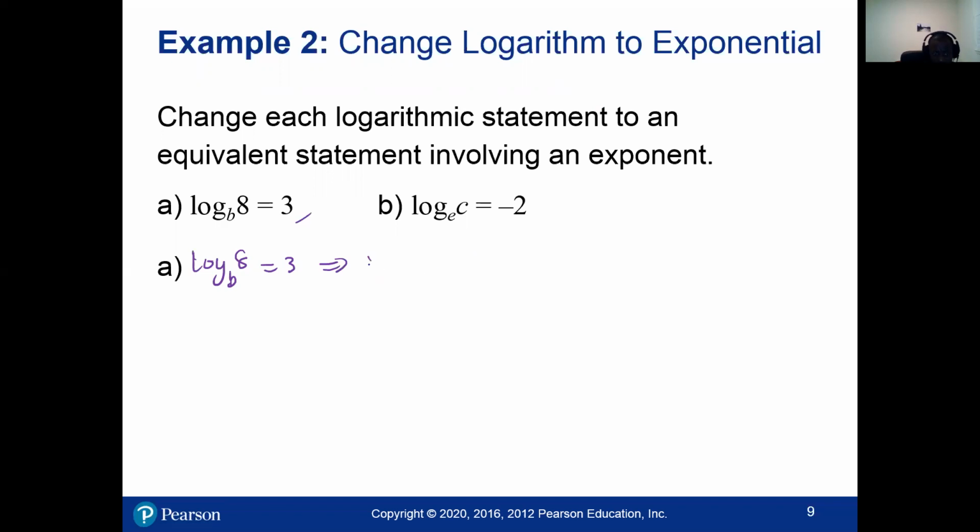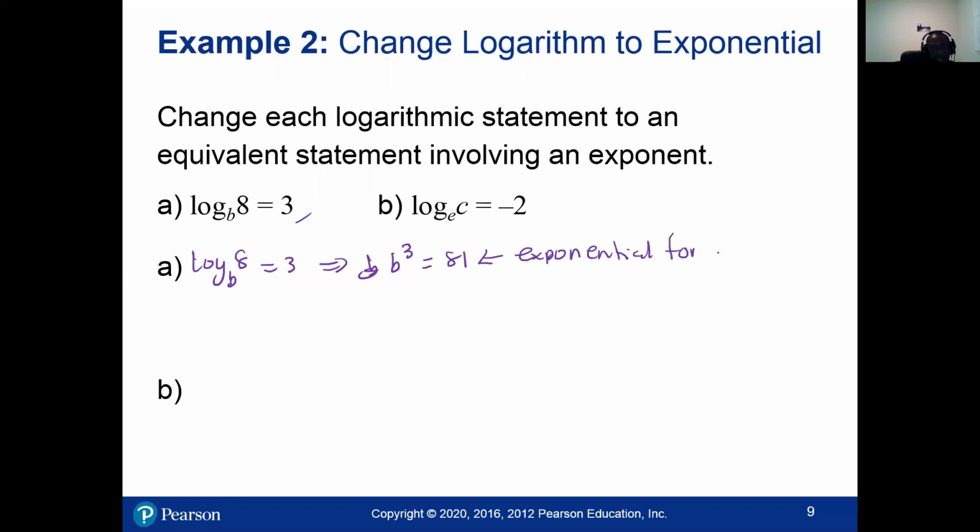So that is b to the third is equal to 81. All right, so this is the exponential form of the answer.